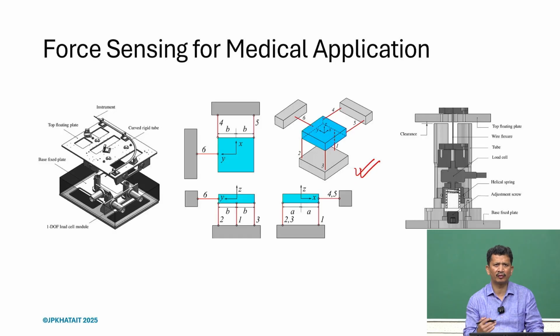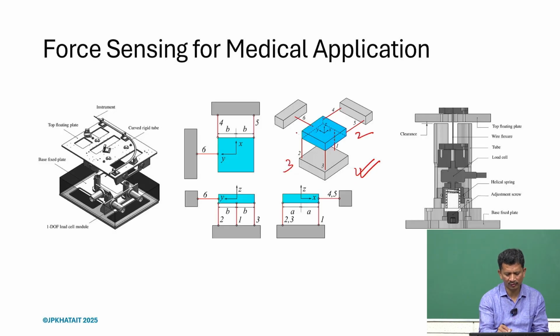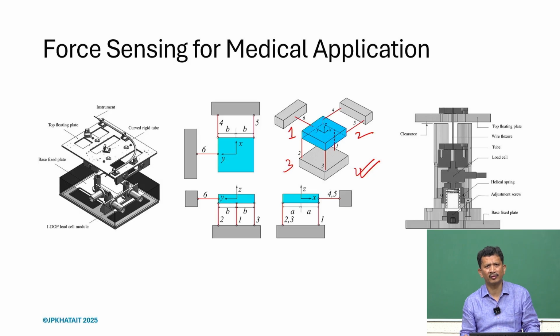So 3 from the base, 2 from the other side, and 1 from the other side. That's why it's called the 3-to-1 configuration. A total of 6 constraints are provided, and that's how the blue part, which is the sensing module where we mount the instruments, is supported, floated in this fashion.